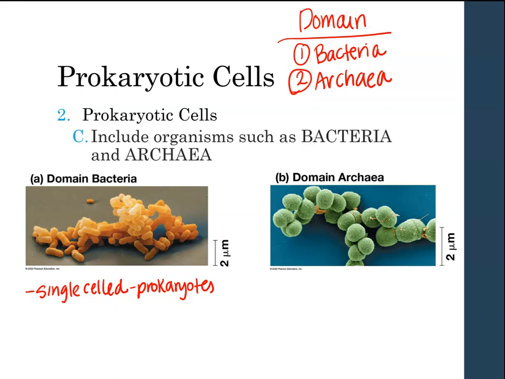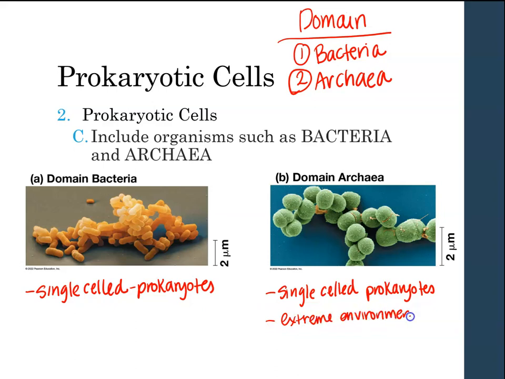Our other big group of organisms that are prokaryotic are Archaea. Archaea are probably less familiar to you. They are similar to bacteria in that they are single-celled prokaryotes, but they tend to be found in extreme environments.